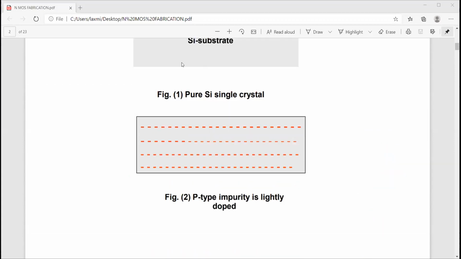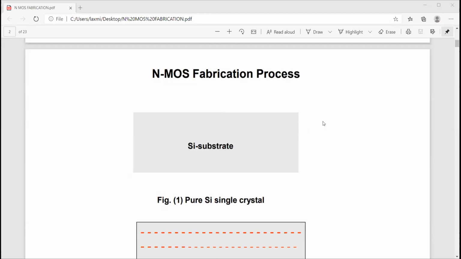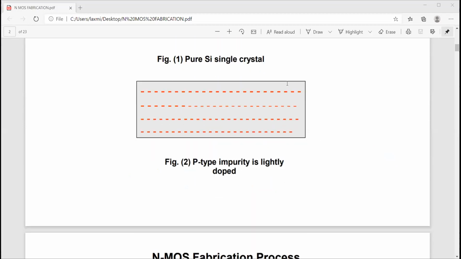So we are taking one silicon substrate, and it is a p-type substrate. If we want to fabricate NMOS, we need to take a p-type substrate. What are the p-type materials?